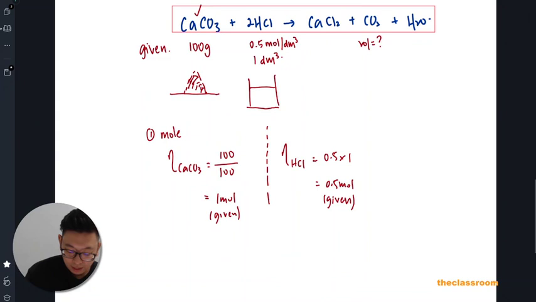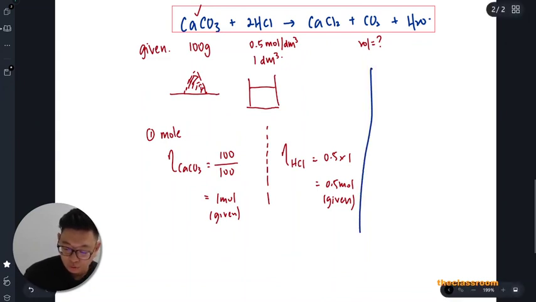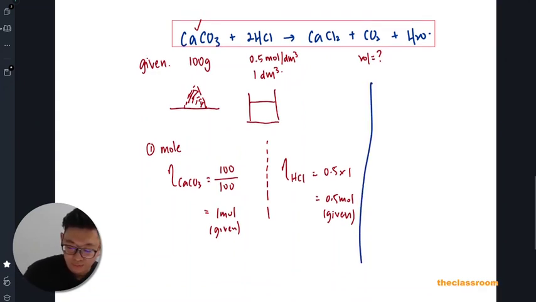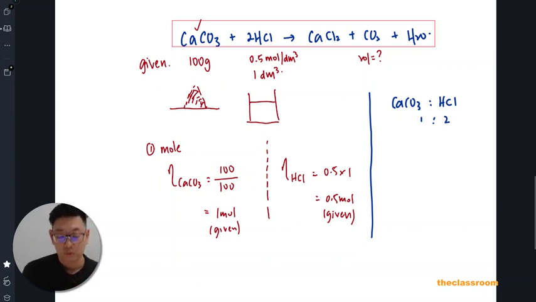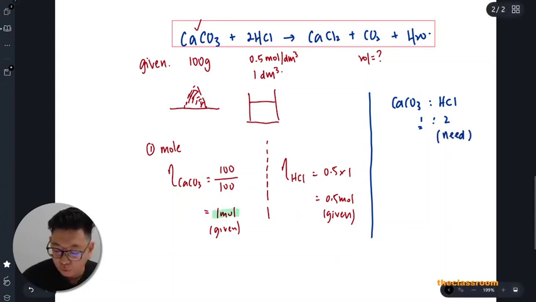Now let's again, so that we can all see, I'm just going to do it on the right side here. Sorry about that, it's a very messy line. Now, your calcium carbonate to hydrochloric acid is 1:2. What this means is that for 1 mole of calcium carbonate, I need 2 moles of hydrochloric acid. Again, I have 1 mole, right? The mole ratio is 1:2.